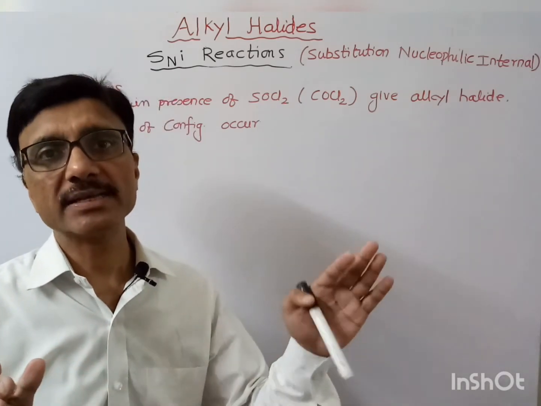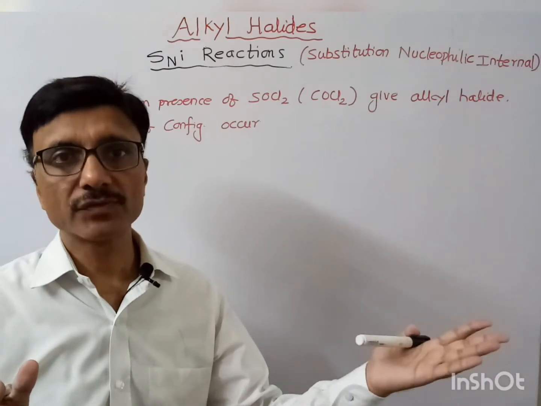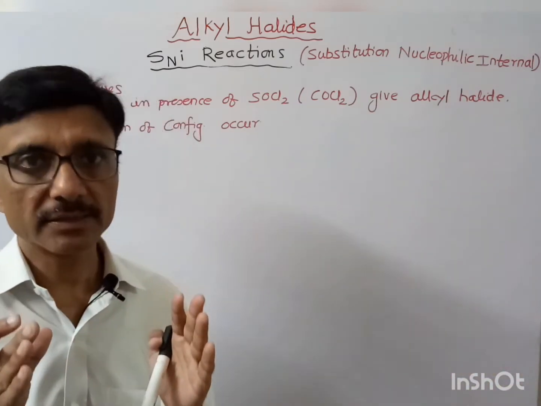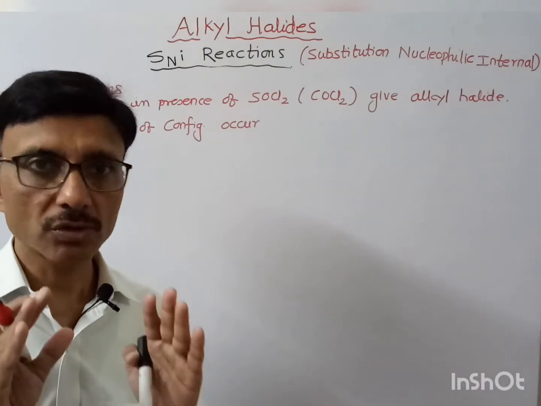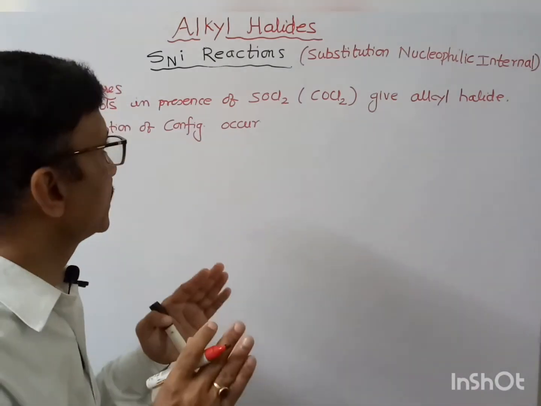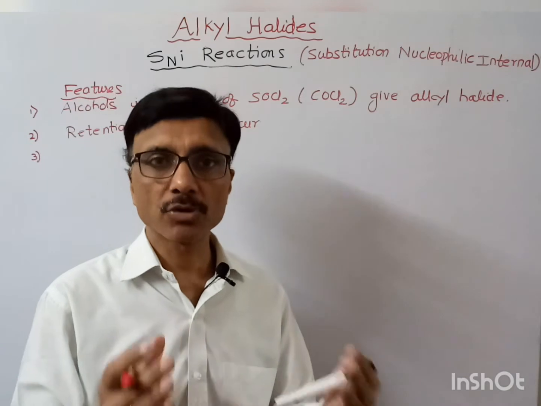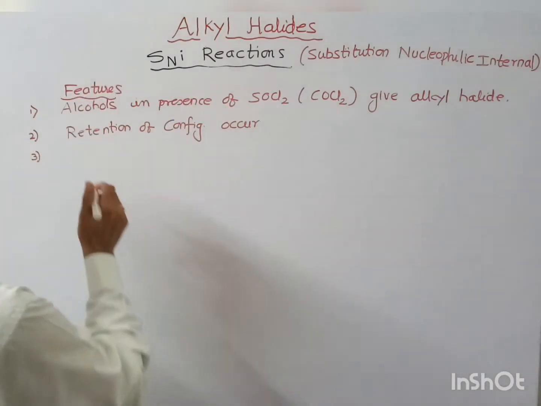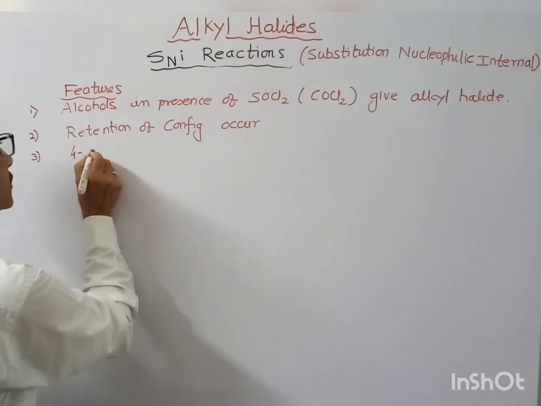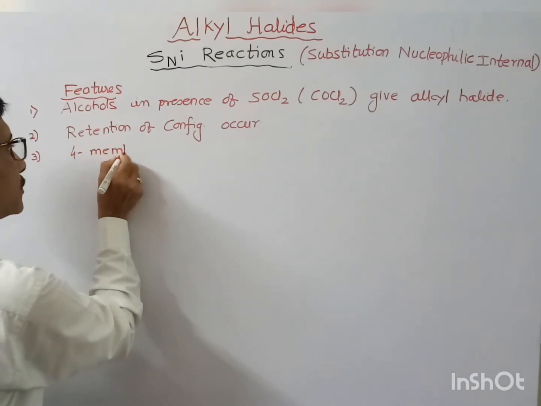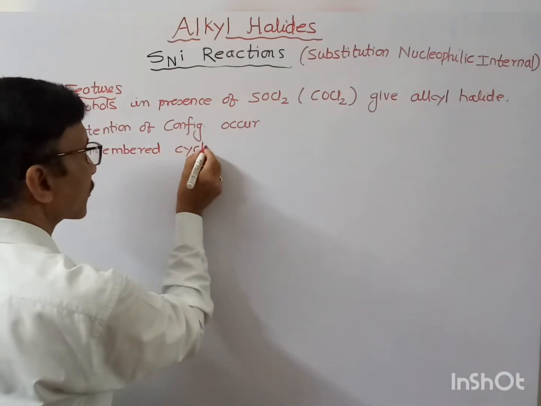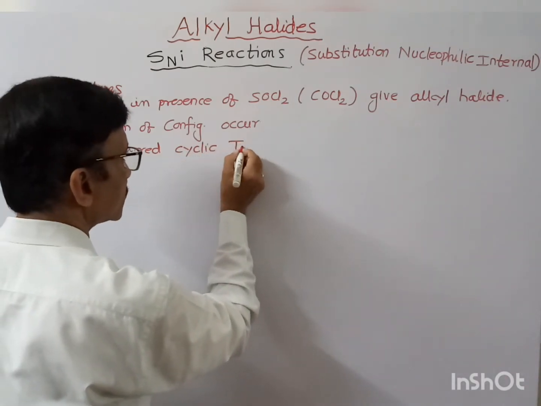Okay, so in SN2 reaction, what we saw, the five-membered transition state was formed. It was not the cyclic one. In SN1 reaction, the carbocation was formed as an intermediate, but here in SNi reaction, a four-membered cyclic transition state is formed.